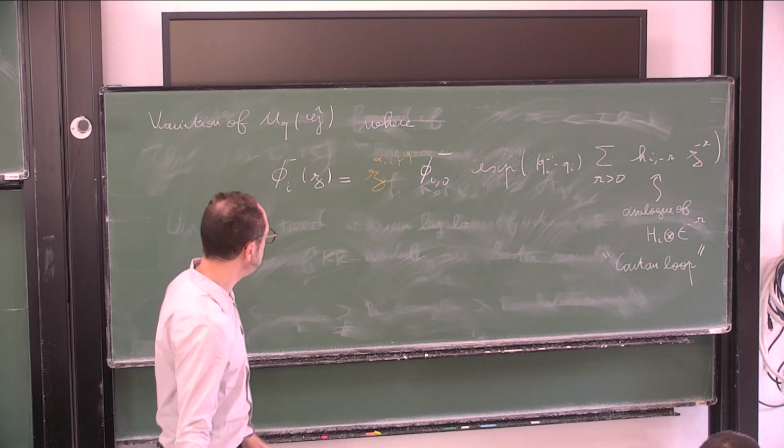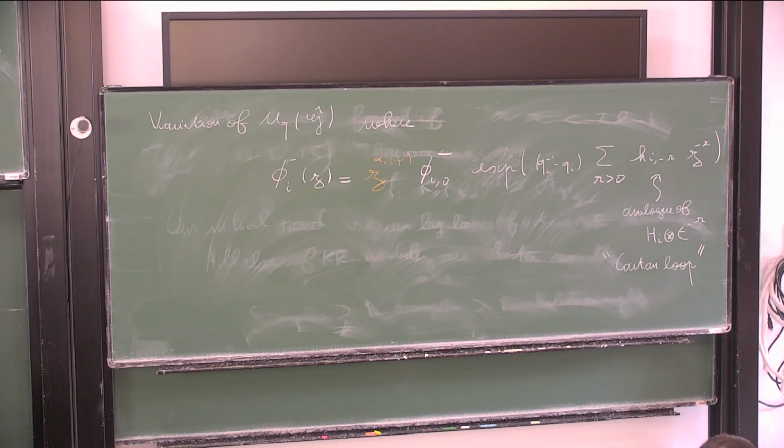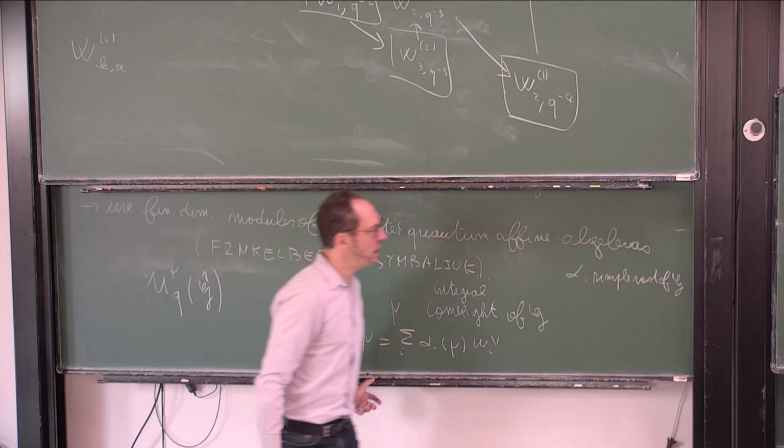Here alpha_i is a simple root, and the multiplicity of mu on a fundamental coweight is alpha_i(mu).